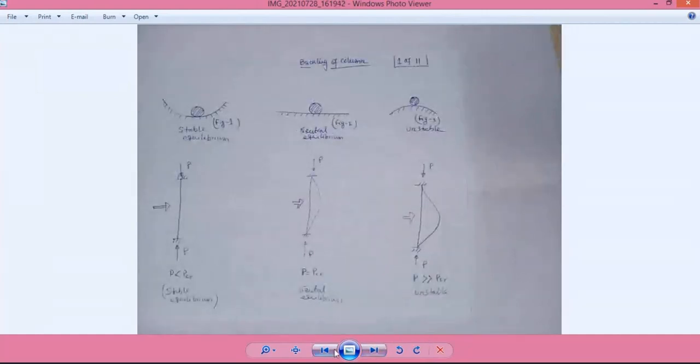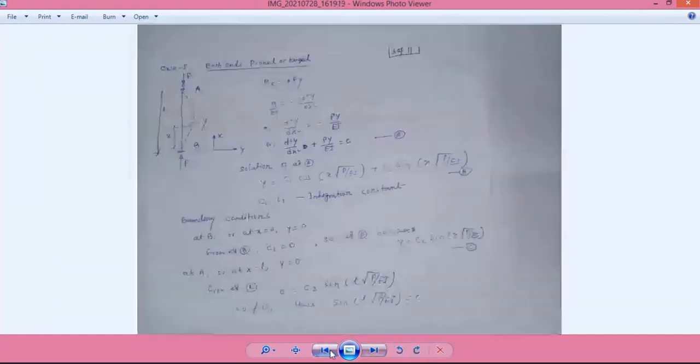Okay, next, take an example. Here we consider a column with both ends pinned or hinged, of length L, subject to the force P, and due to the application of horizontal force, to find out the critical buckling load, the column will get buckled, and this buckling configuration is marked as a dotted line.